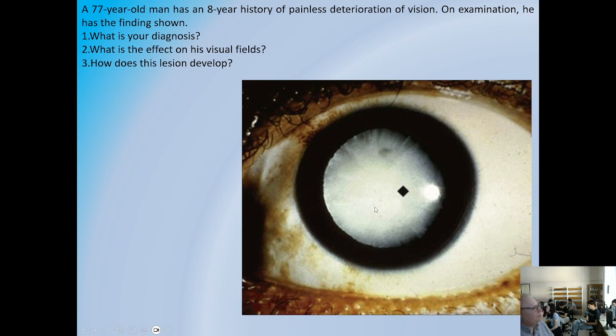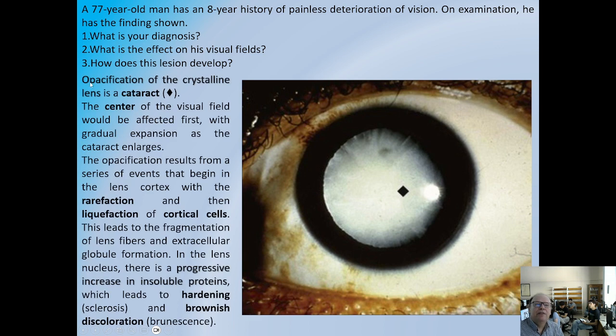What has happened to this lens, you see? Everybody who has this disease, mainly of old age, but not only, because there are some AIDS-related lesions which appear earlier than the basic disease. What's this? It's cataract, all right? So, a painless deterioration of vision, and here we have the opacification of the crystalline lens.